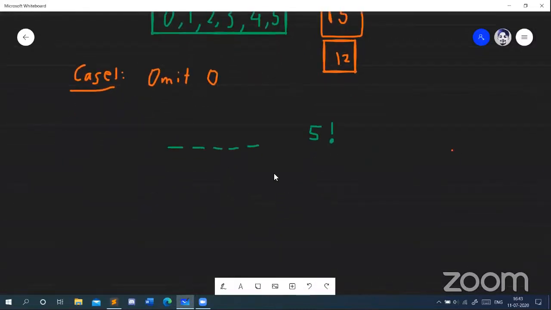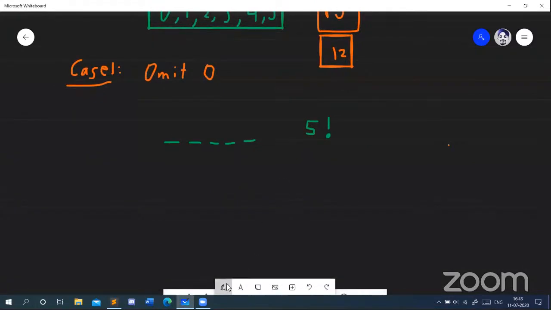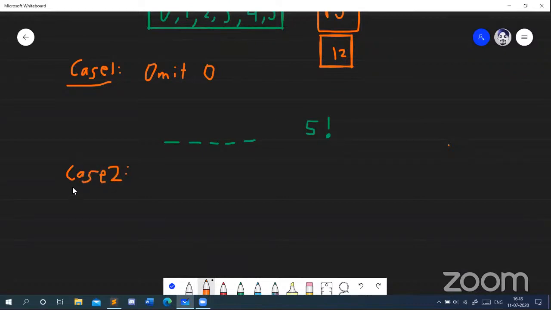Yes, the answer of 5 factorial plus 4 times 4 factorial is correct. And I'm getting to case 2. In case 2, I'm going to omit 3, as I said before. I again have 5 spaces, and this time the numbers I'm considering are 0, 1, 2, 4, and 5.